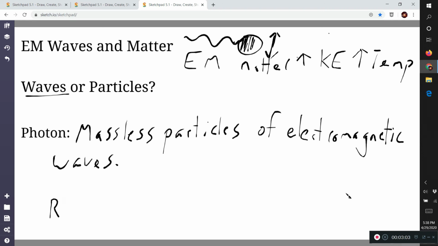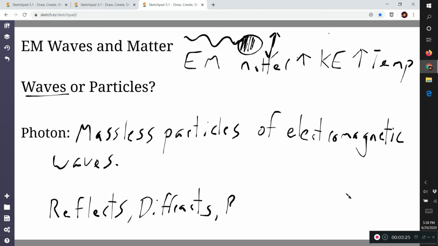It reflects. We know that because we can look at ourselves in a mirror. It diffracts. We know it diffracts because, remember, diffraction is bending around an object, and if you have light go through a very tiny hole, you can see the light spread out from that hole. And it refracts. If you put light through a prism, it changes direction and splits into different colors like the rainbow.